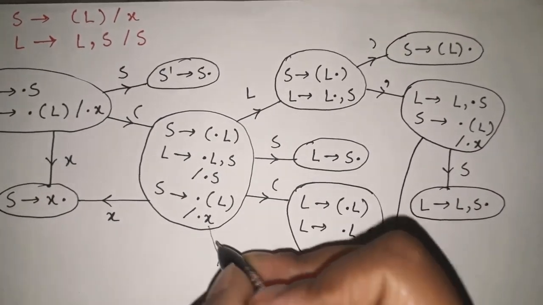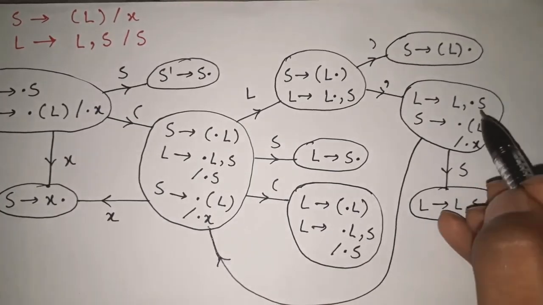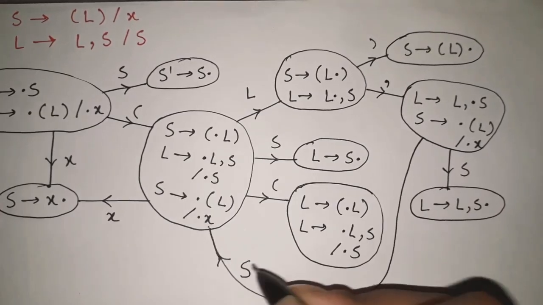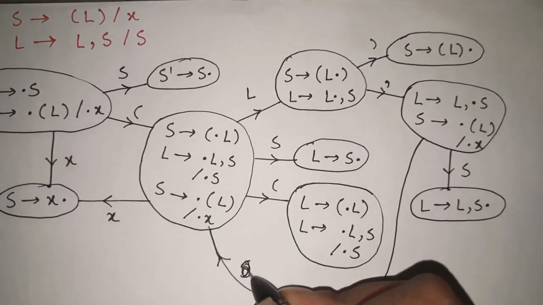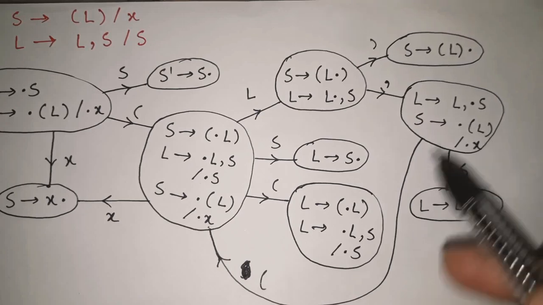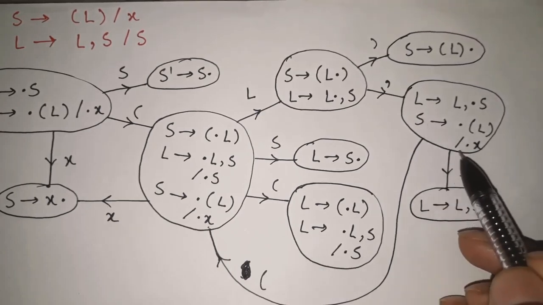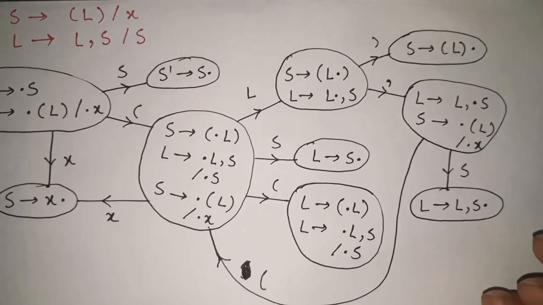We will just make our arrow from there to here, and we are parsing what? After dot S is there, so we are parsing it for capital S. For opening bracket. So for S is done, for opening bracket is done. Now for X. For X, what I will get? S gives X dot. Is it already available or we need to make it?